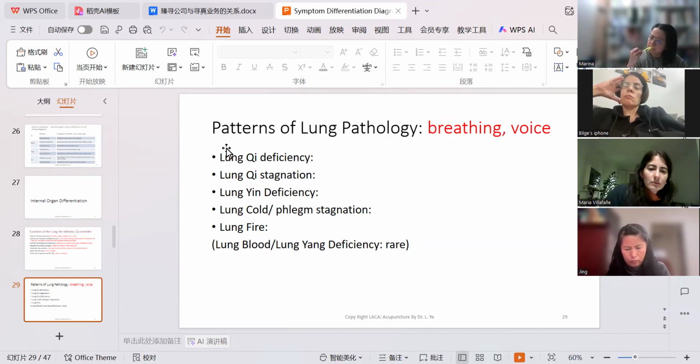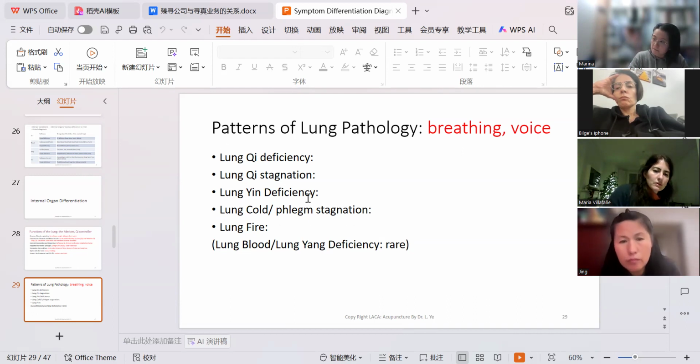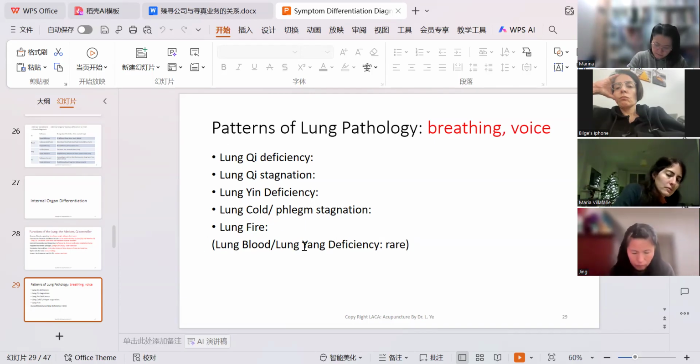For example, lung qi: you have deficiency and excess, qi stagnation, excess. And you have lung yin deficiency. And then lung cold and phlegm stagnation is the yin excess. And lung fire is the yang excess. Then you don't normally have lung blood issues. And you don't normally have lung yang deficiency, very rare.